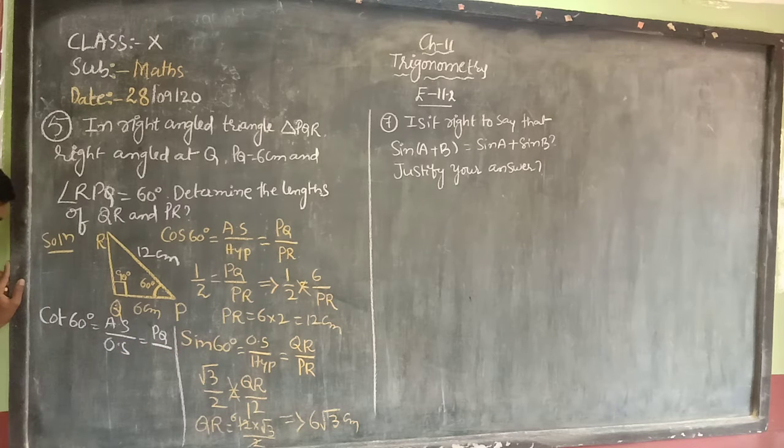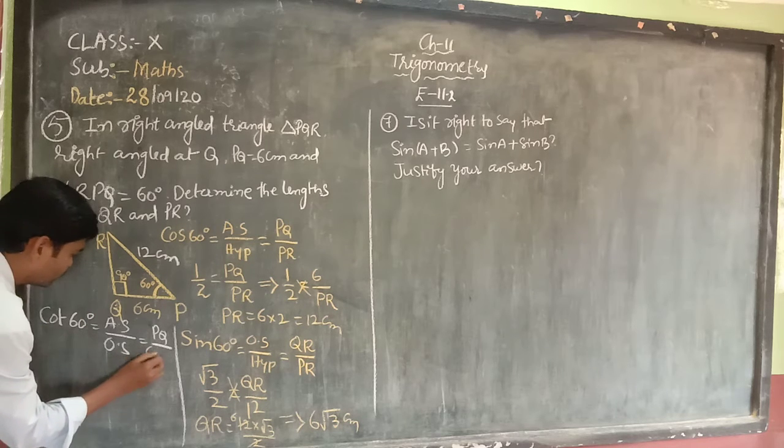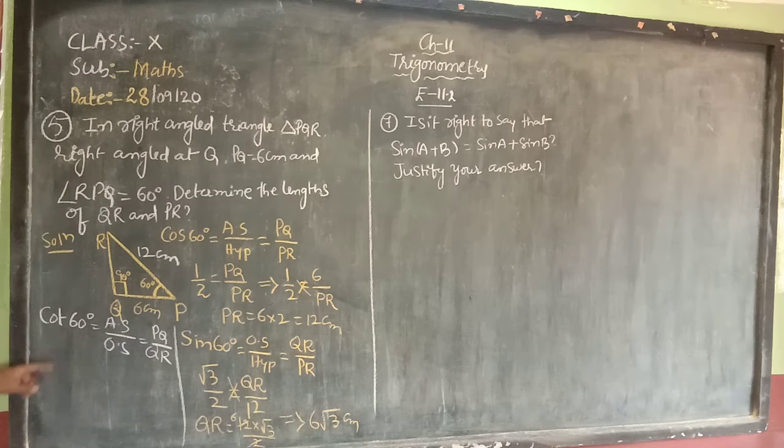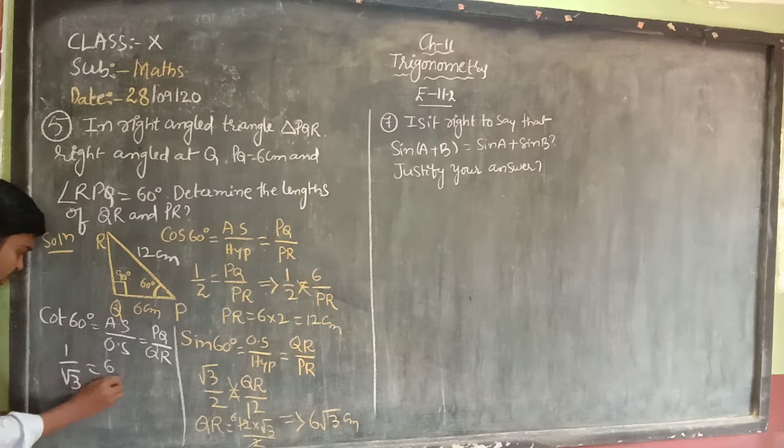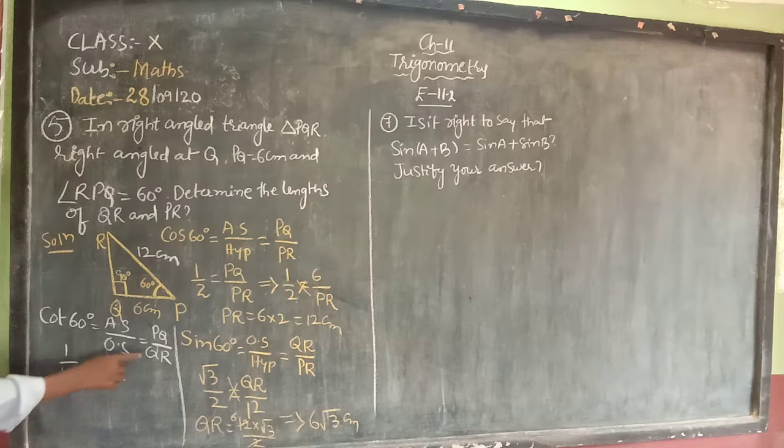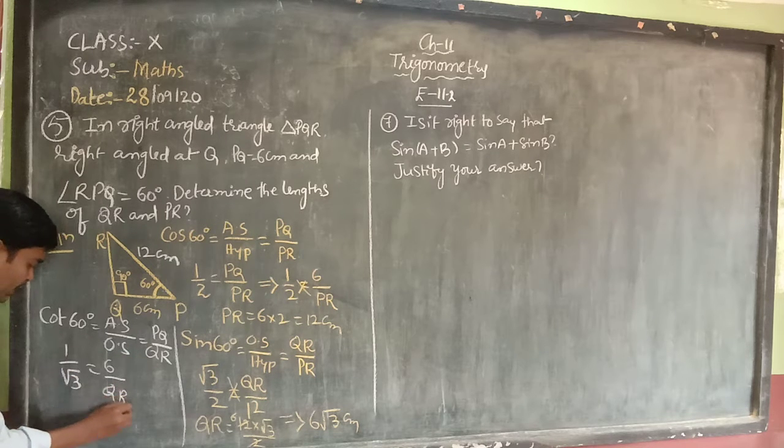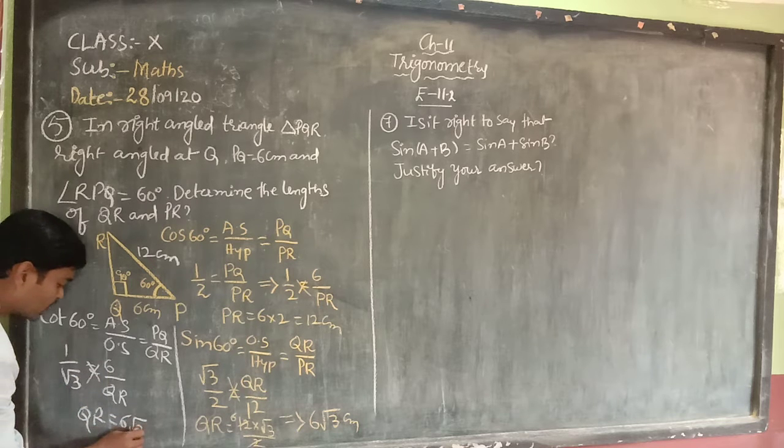And this is QR. Cot 60 is how much? 1 by root 3. 1 by root 3 is equal to PQ, 6, by QR. Again by cross multiplying, QR is equal to 6 root 3 centimeters.